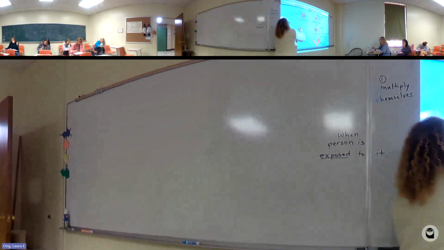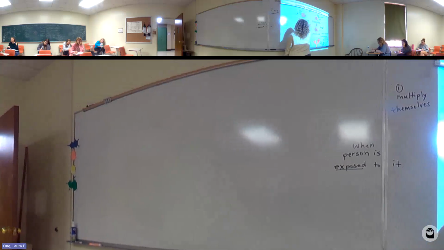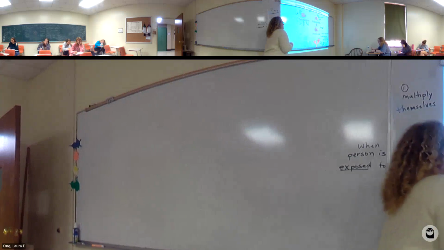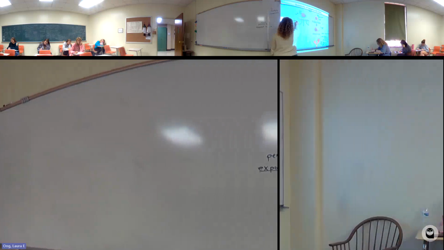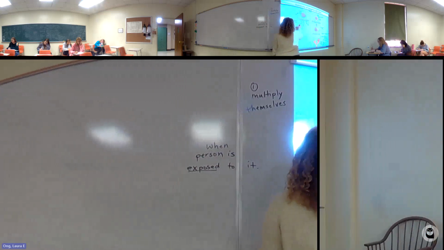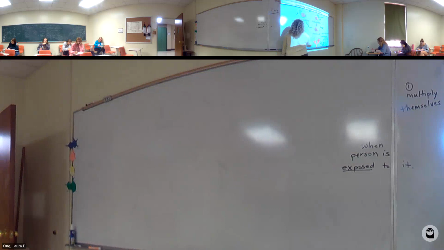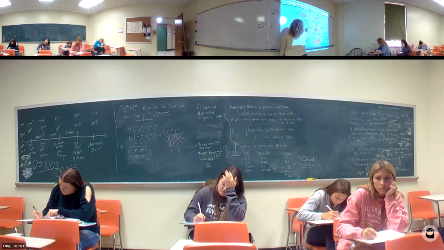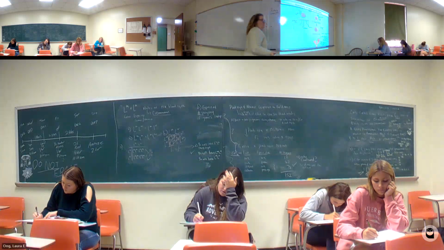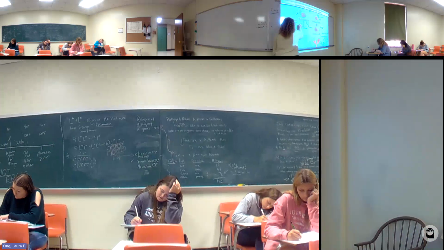And the T cell is then going to multiply and end up producing a lot of other types of T cells called T helper, T cytotoxic, and T regulatory.